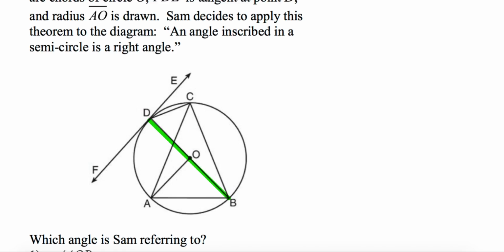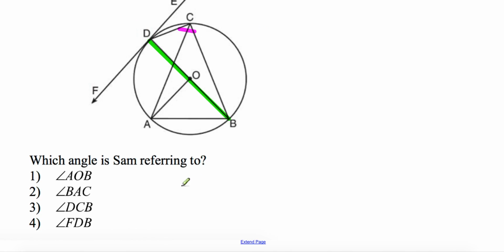Then the angle we are looking at is this angle, I guess that's the only angle we are looking at. Which angle is Sam referring to? BCD, or DCB, which is choice 3, becomes the answer.